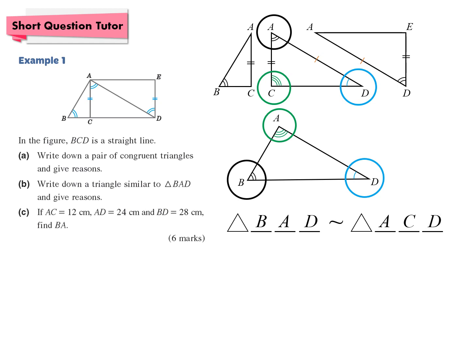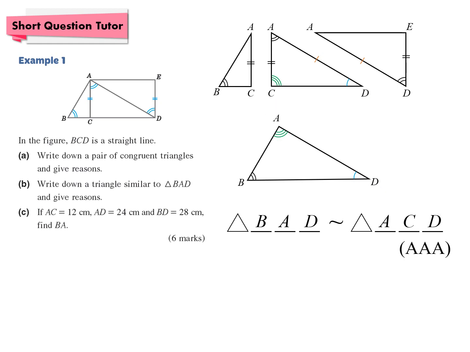Then write down the reason, AAA. Similarly, remember that, if the orders of the vertex are not consistent, the mark for correct names will be deducted. Again, 2 marks will be given for correct names and reason.